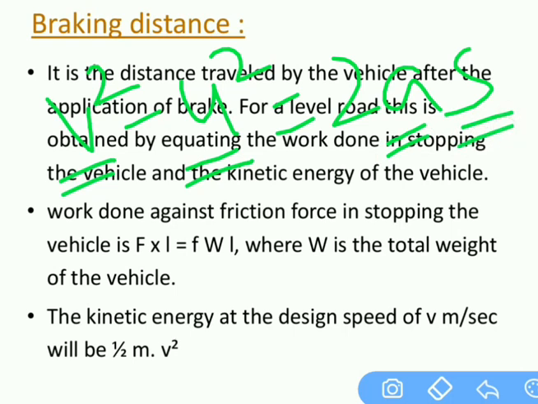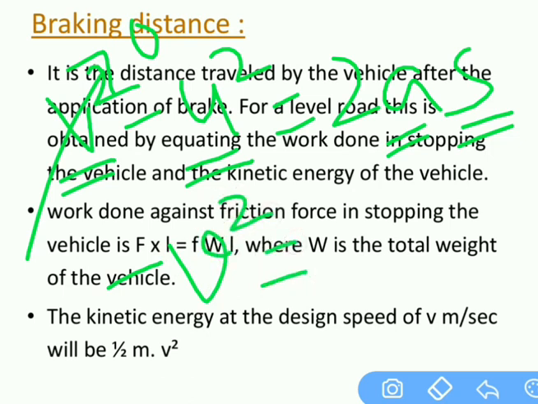This value v will become 0, because after applying the brakes my velocity finally becomes 0. So u means the initial velocity of the vehicle, that is v. So minus v square is equal to a, acceleration.